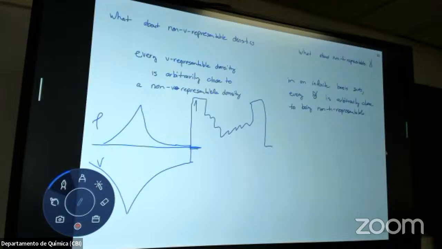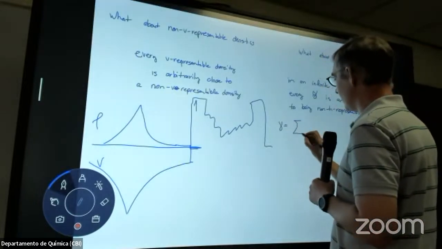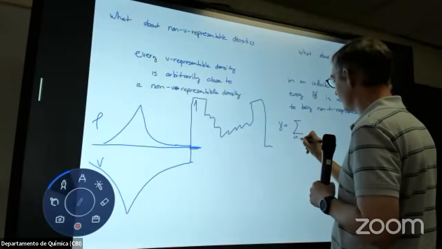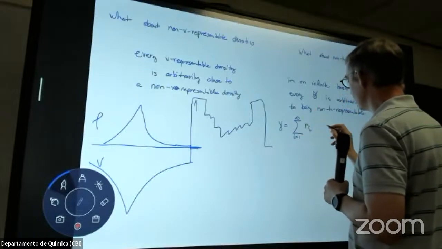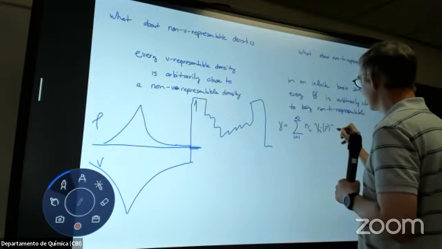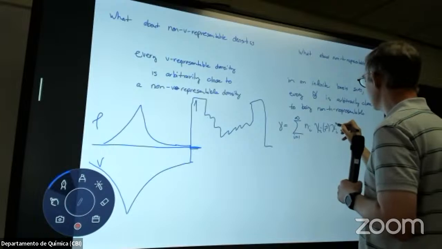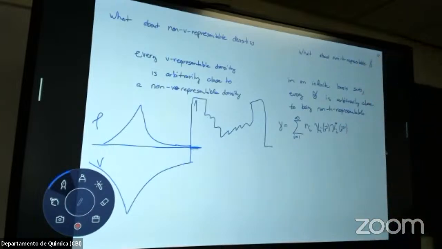Let me explain why. Gamma, I will write it in its natural orbital expansion. Right? That's my natural orbital expansion for the density matrix.